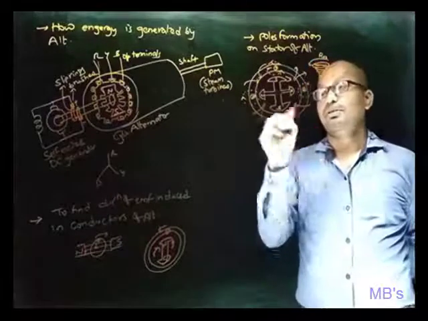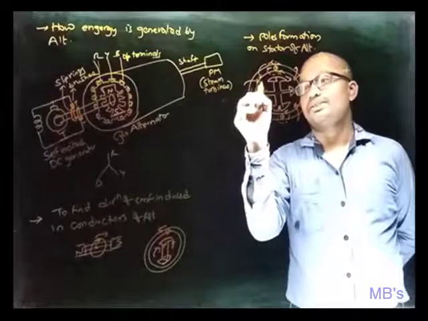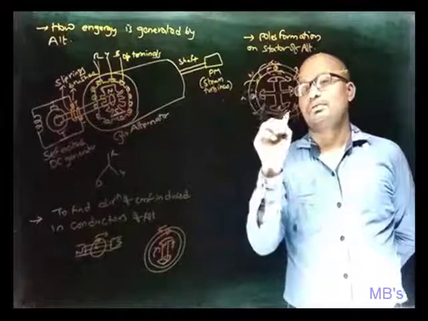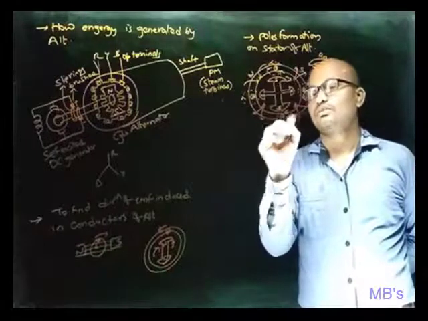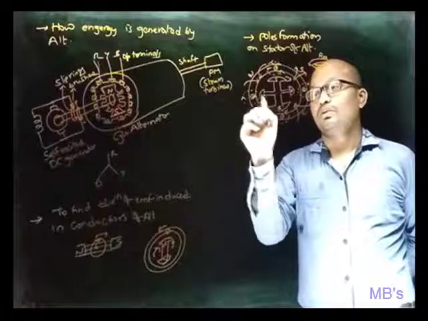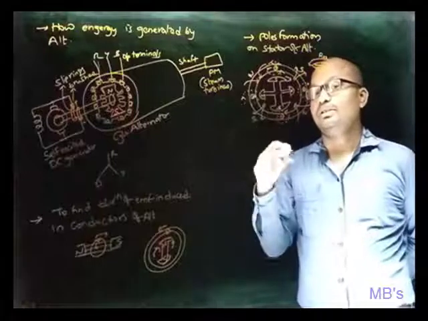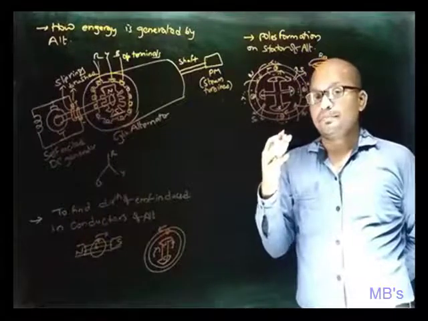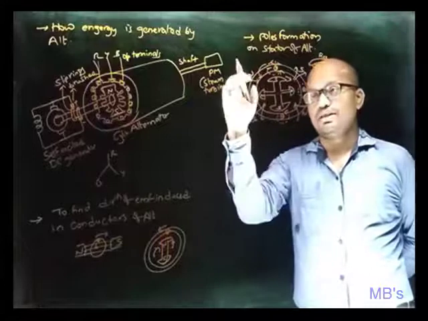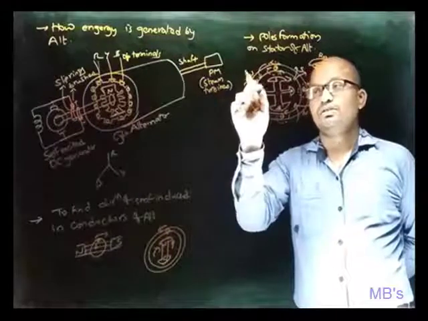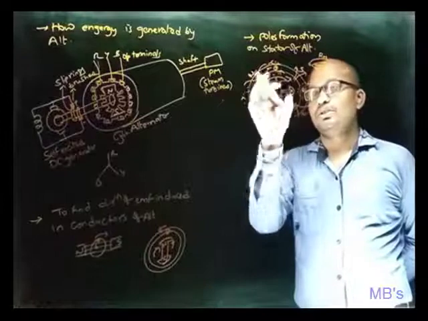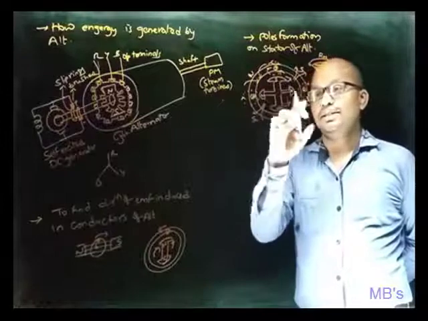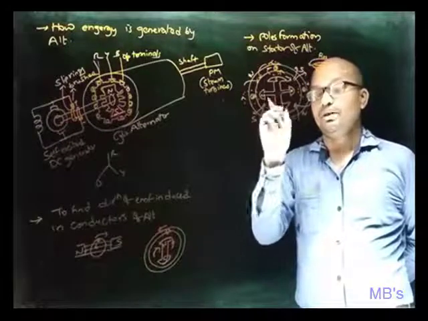Meaning this portion acts as north pole, and this portion acts as south pole, and this portion acts as north pole, and this portion acts as south pole. Okay, as the fields are adding, we know that the field direction is from north pole to south pole. So this is how the poles are formed on the stator periphery of the alternators.